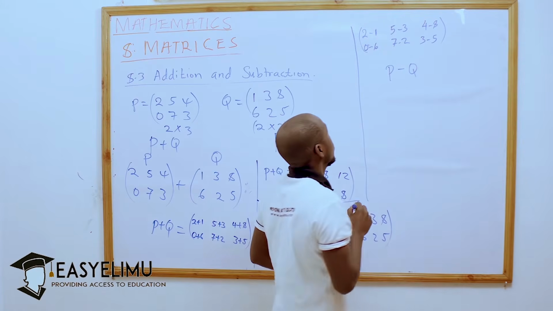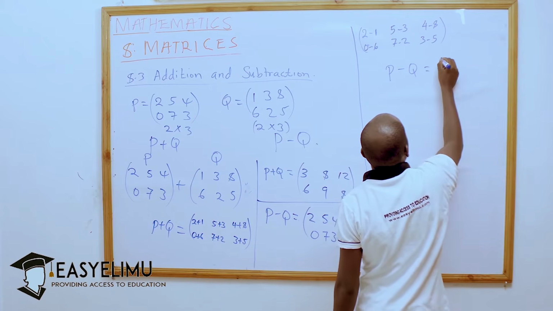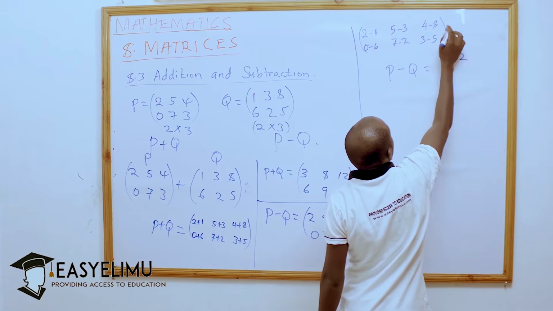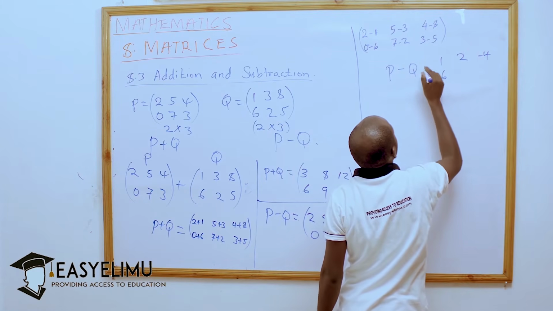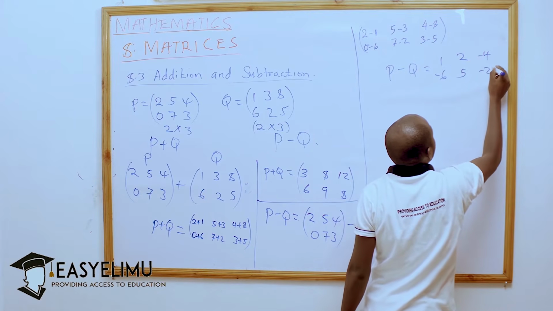It's going to be 2 minus 1, and you will get your answer 1. Here is going to give you 2. Here will give you negative 4. Here will be negative 6. Here 5. And here you will get negative 2.